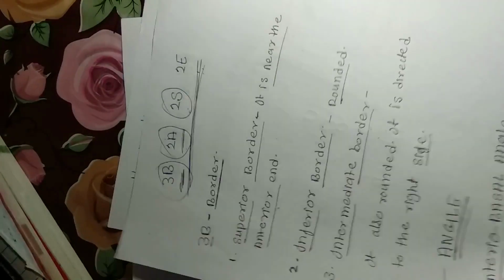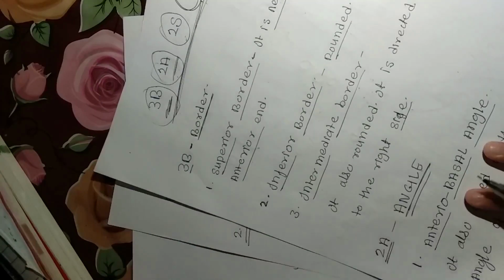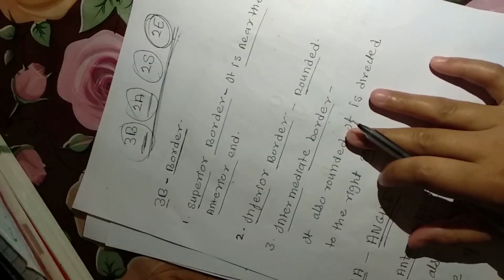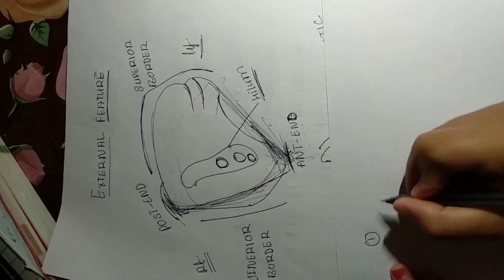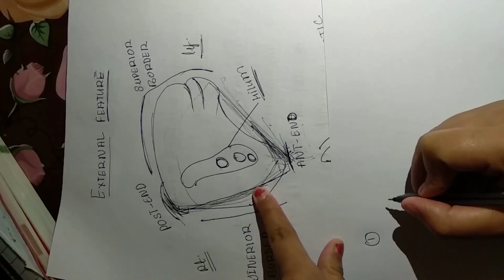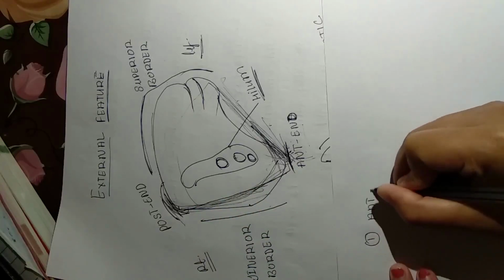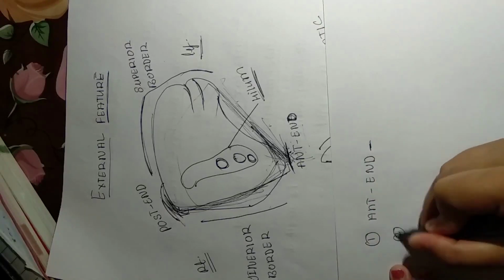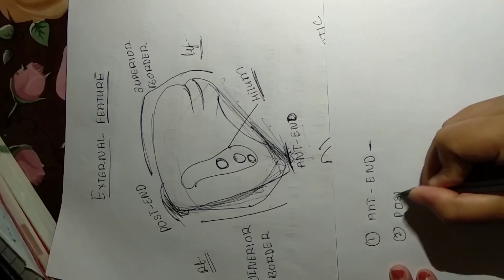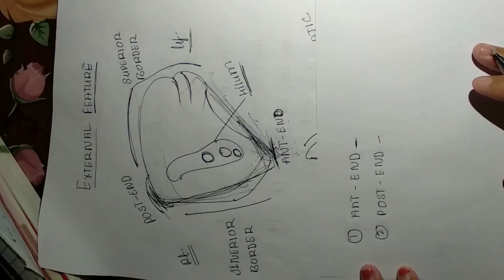Now one more is remaining, that is two ends. Two ends means two ends. See here in the diagram only. Everything we are learning from the diagram only. See, anterior end and posterior end.